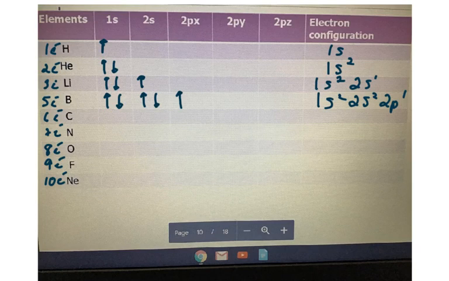Now with carbon we have 6 electrons, so we fill our first shell and we fill our second shell. Then we move on to p. Now remember how I said p has 3 electron levels. That's why we have 2px, 2py, 2pz. Altogether, they're p. And p can hold up to 6 electrons.